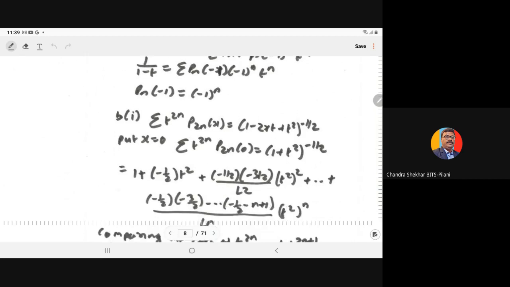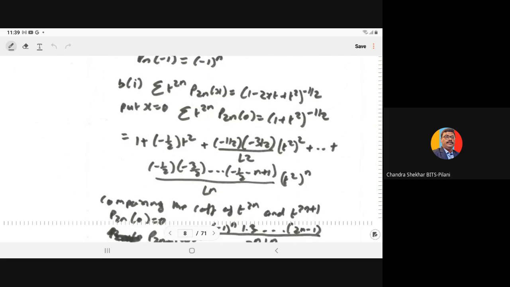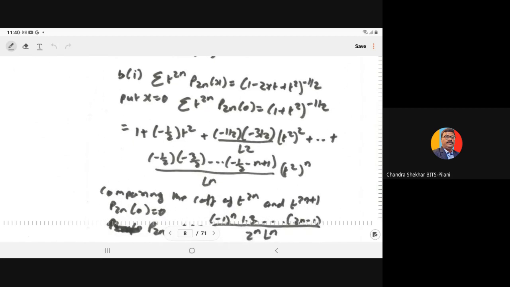So means we have the recurrence relation, summation P_n x t to power n is equal to 1 minus 2xt plus t square power minus half.